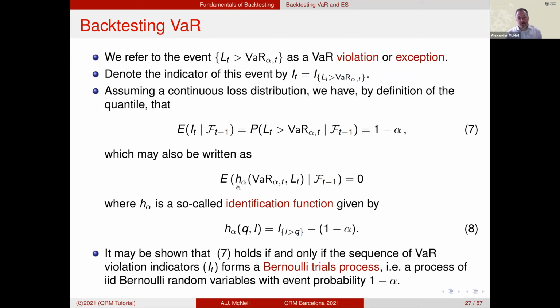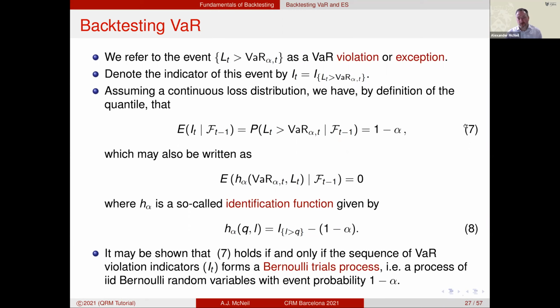In expectation form, we can introduce a function, which is a function of the loss and the VaR. It's called an identification function. And the actual function is written here in formula 8. So H alpha of the quantile Q and the loss L, we have the indicator that the loss exceeds Q minus 1 minus alpha.